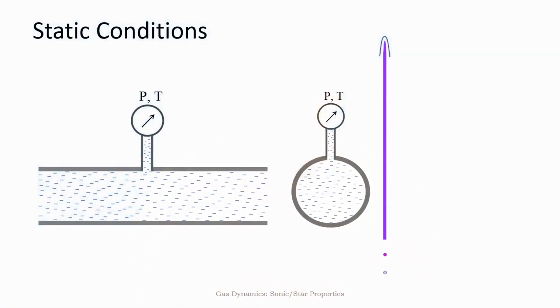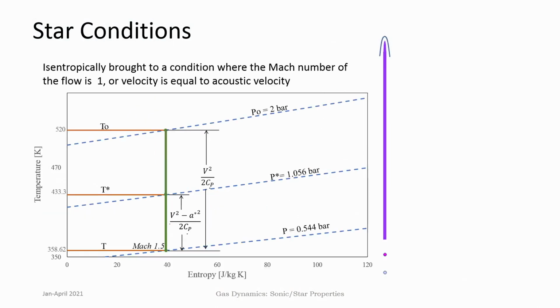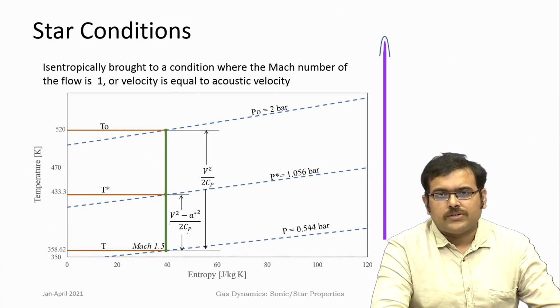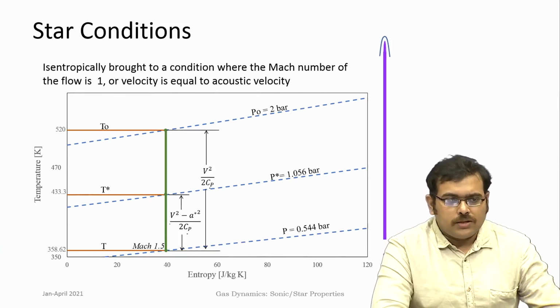What is again common between all of them is the static condition in a flow, which is the normal pressure and temperature that is measured at any particular point in the flow. This is known and defined, and the flow is moving with a velocity V. Now, consider the flow to undergo a process similar in its conditions to the stagnation process, which is a reversible adiabatic process without any work.